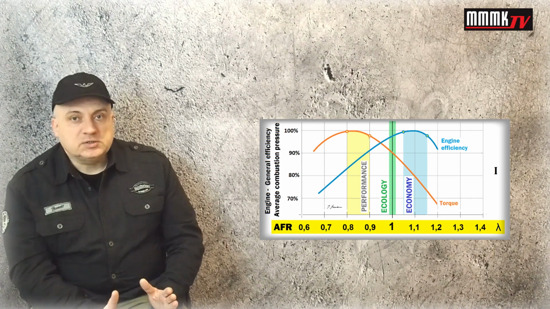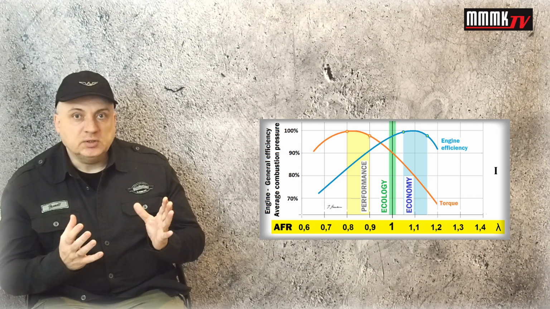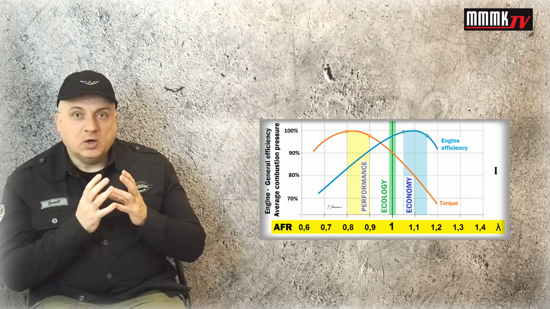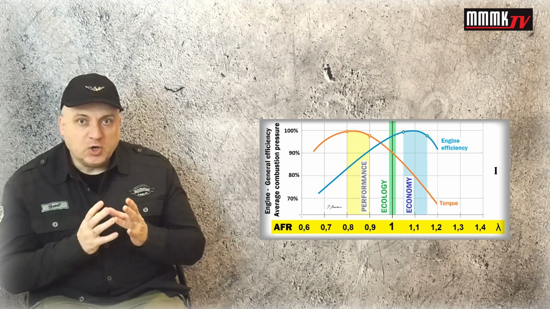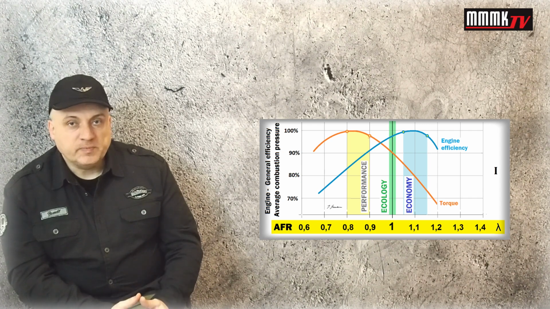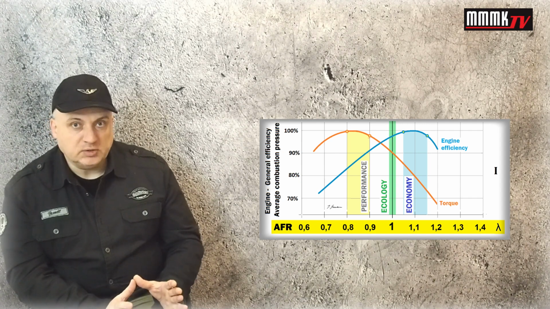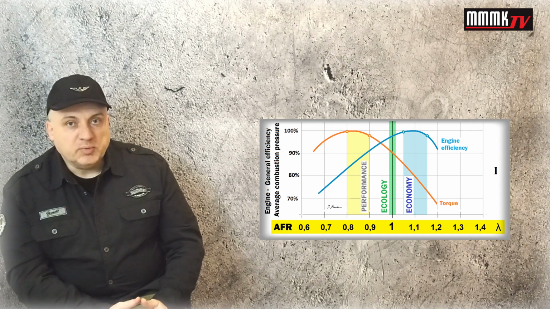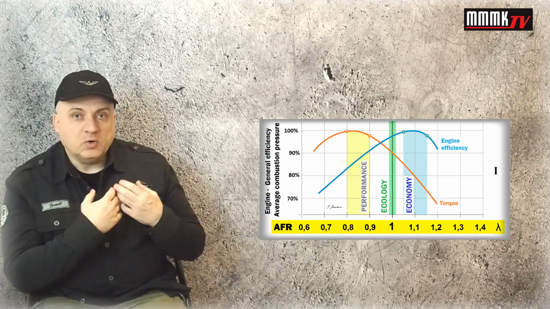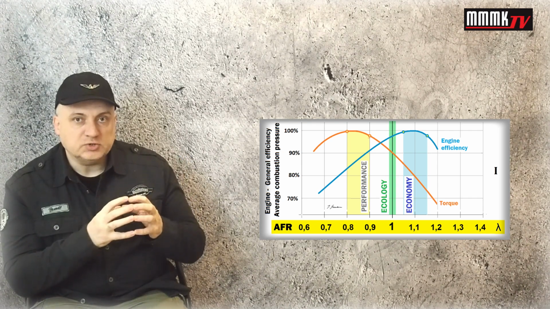To understand this, we need to realize that the highest energy is generated inside the combustion chamber only when every single oxygen particle takes part in the combustion process, not when every single gasoline particle does, but only when we use all available oxygen that is compressed in the combustion chamber.